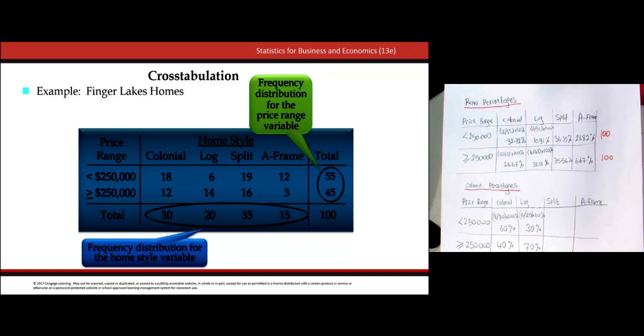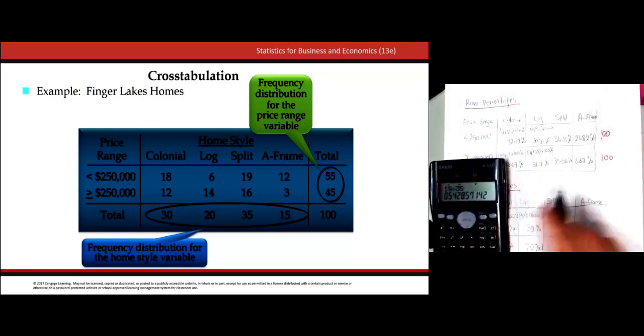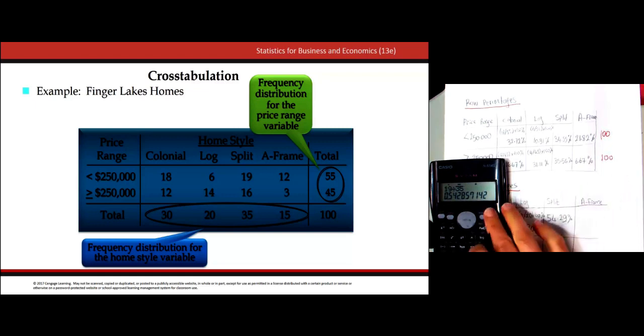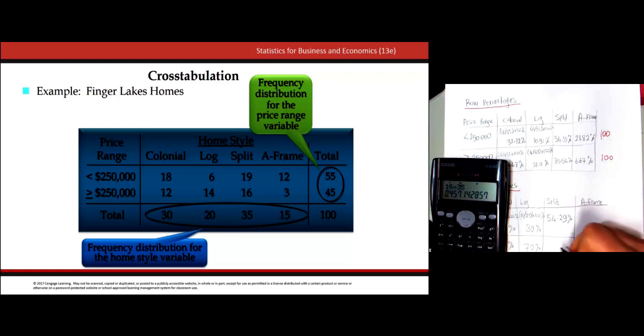And the split, 19 divided by 35, 54.29%, and 16 divided by 35, 45.71%.